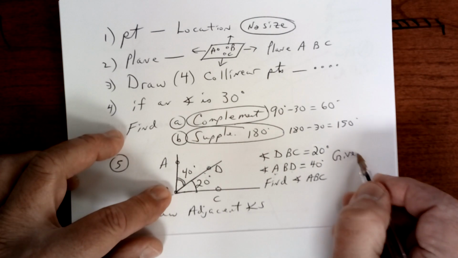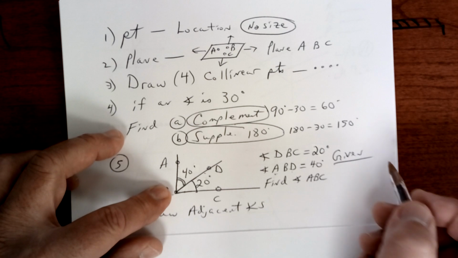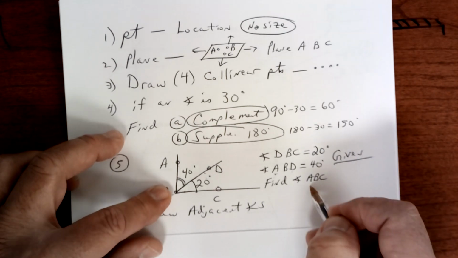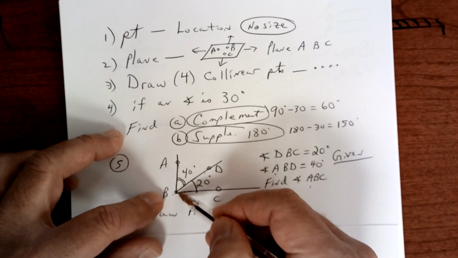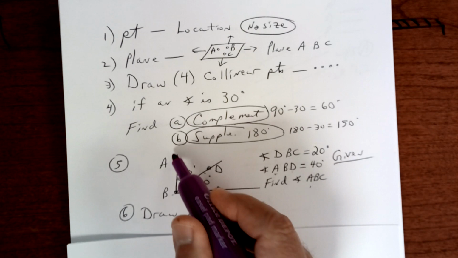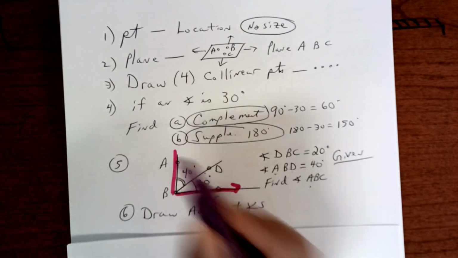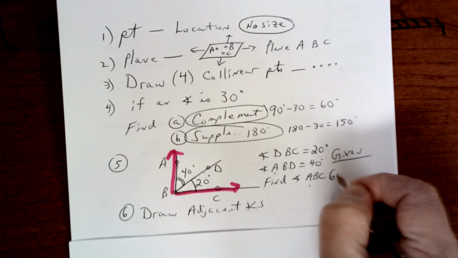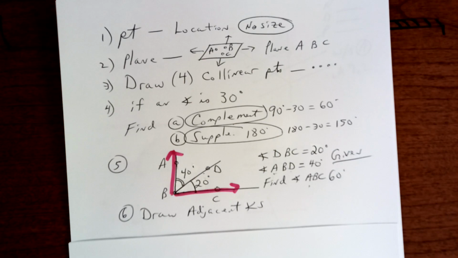That's the reason. Now, you're looking for ABC. ABC is the whole thing. So to find the whole thing, you do something called angle addition postulate. Do you remember that? Just add them up. 40 plus 20 is 60 degrees.